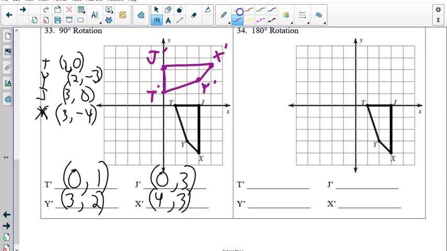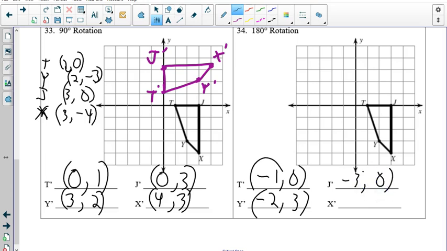All right? 180-degree rotation. Again, it's the same as over there, so I'm just going to use the same points. I'm not going to rewrite them. So for 180, we just make them both opposite. So -1, there is no opposite of 0. For Y, -2, +3. For J, -3, no opposite of 0.